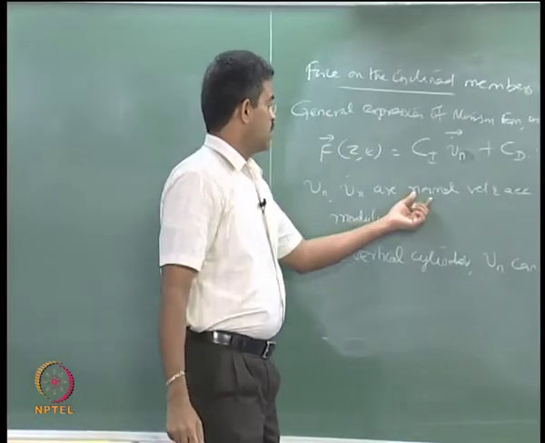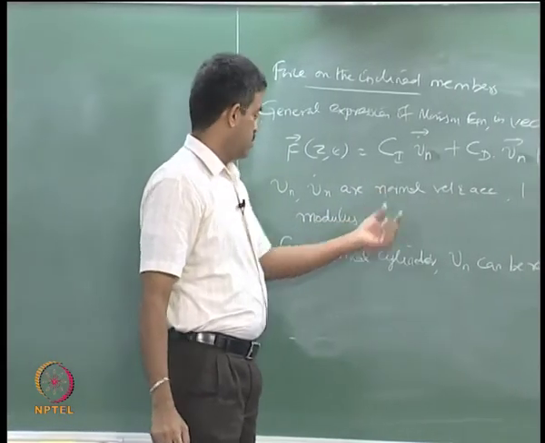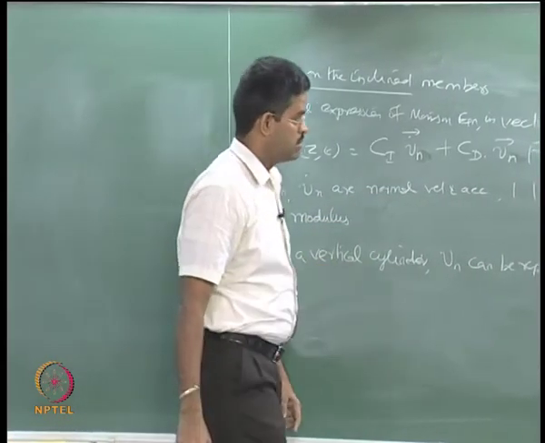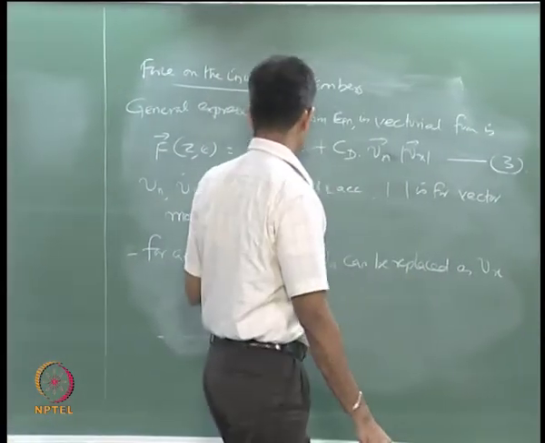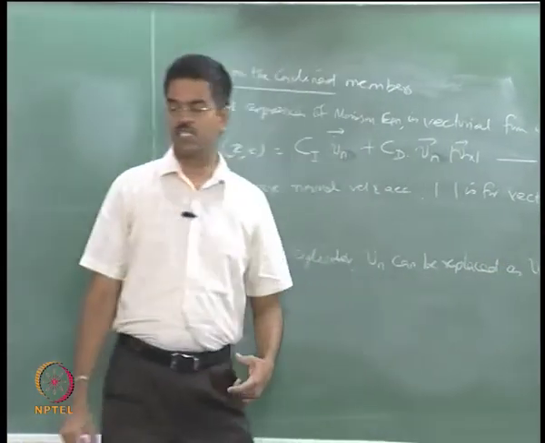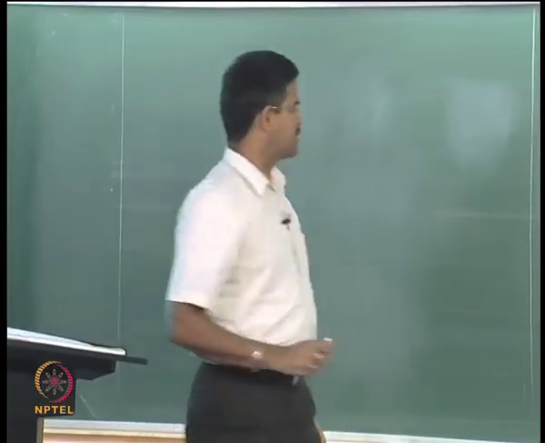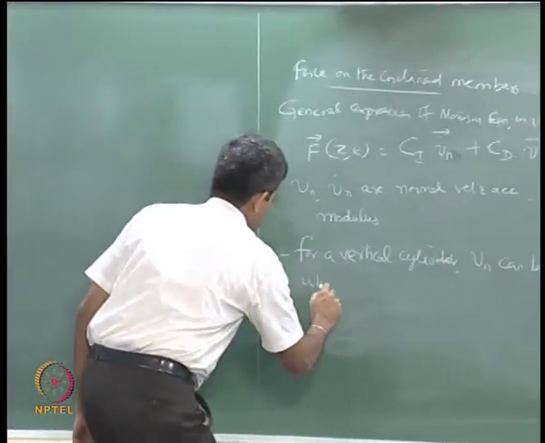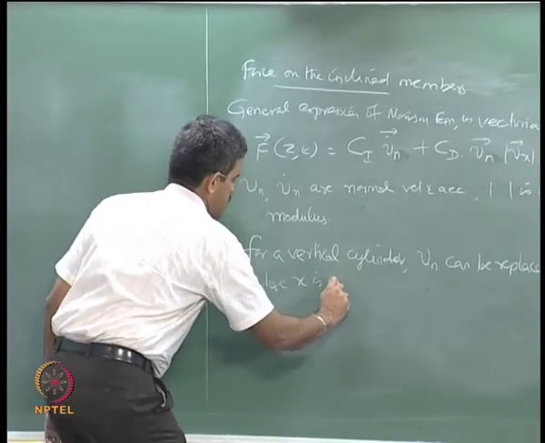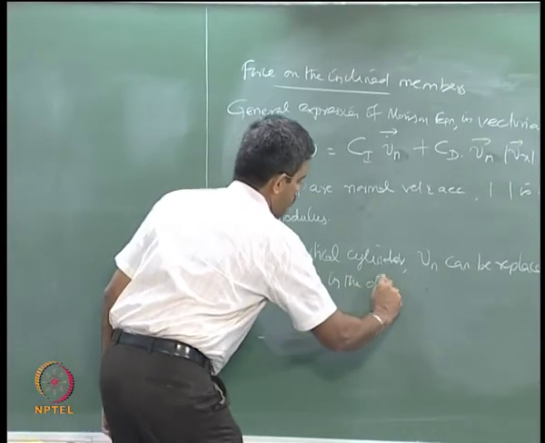We are talking about Vn, which is nothing but the normal velocity or acceleration. When the cylinder is vertical, I can always use Vn as Vx in my calculation, where x is in the direction of propagation of wave.